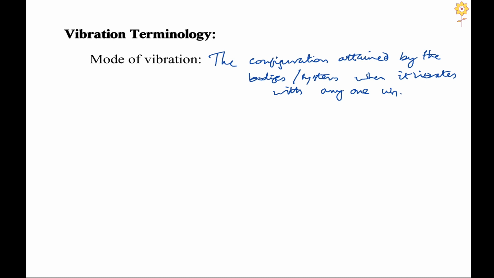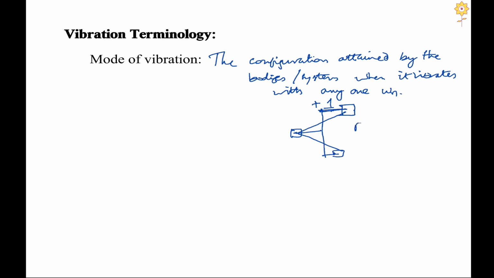So the system may vibrate with any one of the frequencies, and if it vibrates with any one of the frequencies, then what is the position attained by each and every mass, right? Suppose mass 1 goes over here, mass 2 may be moving over here, mass 3 may be moving over here. So we normally associate the movement of the first mass as having +1 in some direction with the unit value of movement, and the movement of the other masses is spoken of with respect to the movement of the first mass.